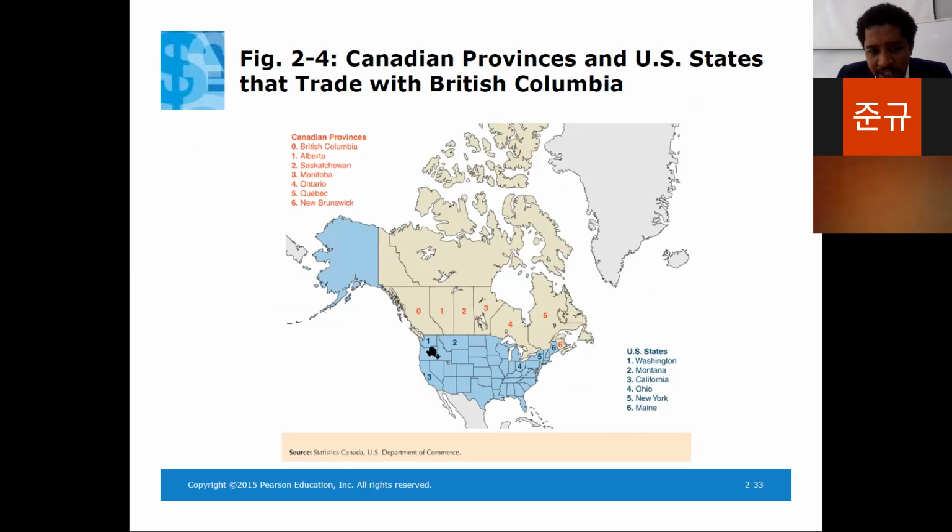Washington and New York, number 1 and number 5, are very far from each other. New York is closer to Alberta than to Washington, but still the trade between New York and Washington is higher than the trade between New York and Alberta, because of some border issues.